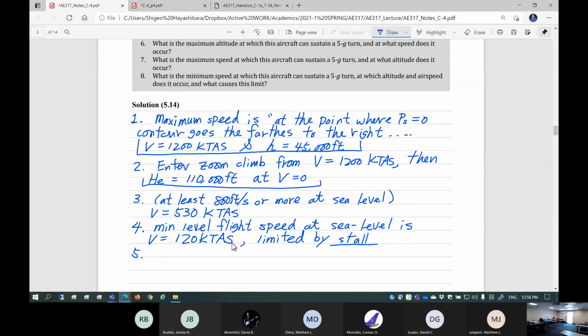Question number 5: what is this aircraft's maximum level flight speed at sea level? What is the limitation for that? That's right, Q limit. This is the absolute maximum dynamic pressure that the structure of your airplane can take.